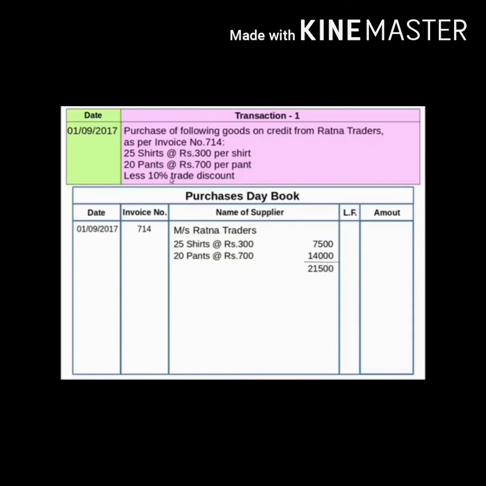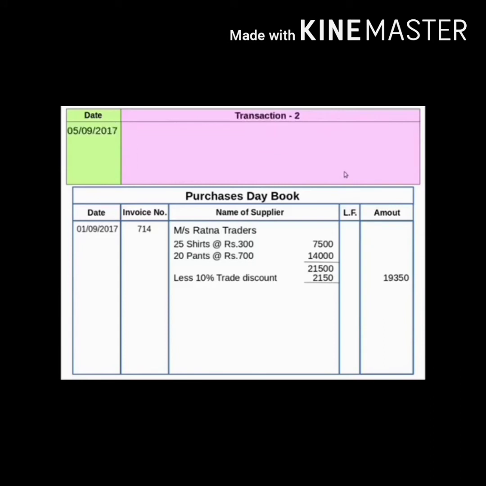Also there is a 10% TD given, so you have to deduct the trade discount from the purchase. 21,500 minus 10% TD, so 2,150 is your TD. So how much is your net purchase actually? Net purchase is 19,350. If there is any CGST, SGST on this, you just put the separate amount of tax in another column.